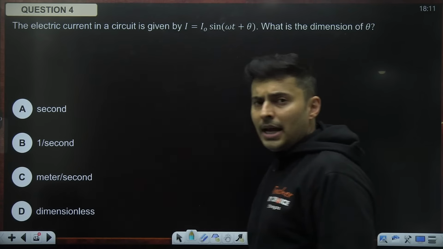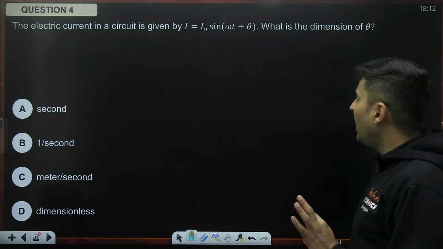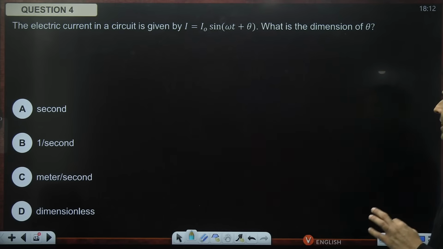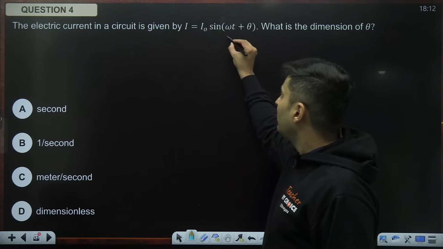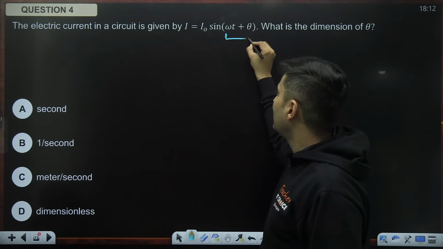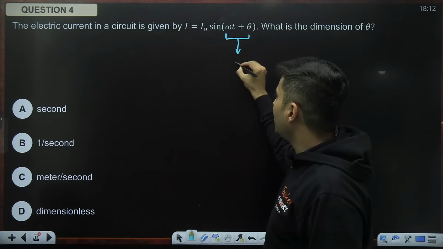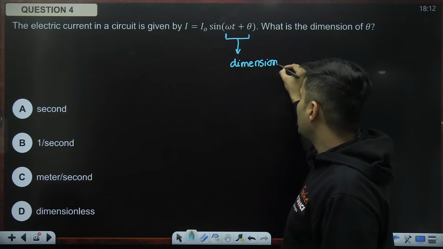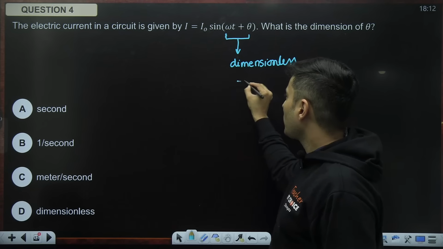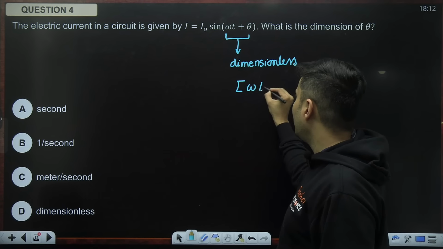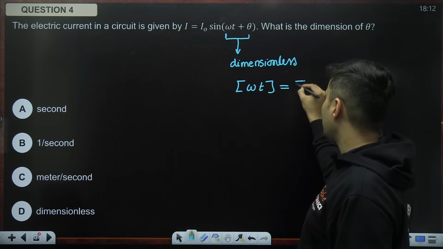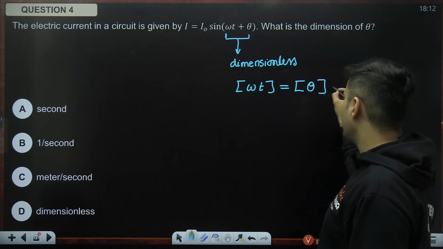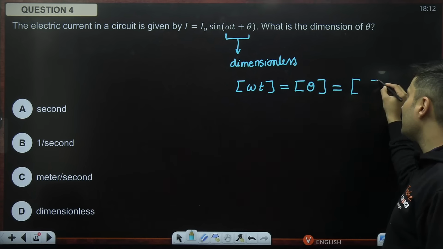Next one. Electric current in a circuit is given by I naught sine omega t plus theta. What is the dimension of theta? Now, whatever comes inside of this is always going to be a dimensionless number. In fact, even omega into t is also dimensionless, and dimensionally it should be the same as theta, but both are dimensionless essentially.